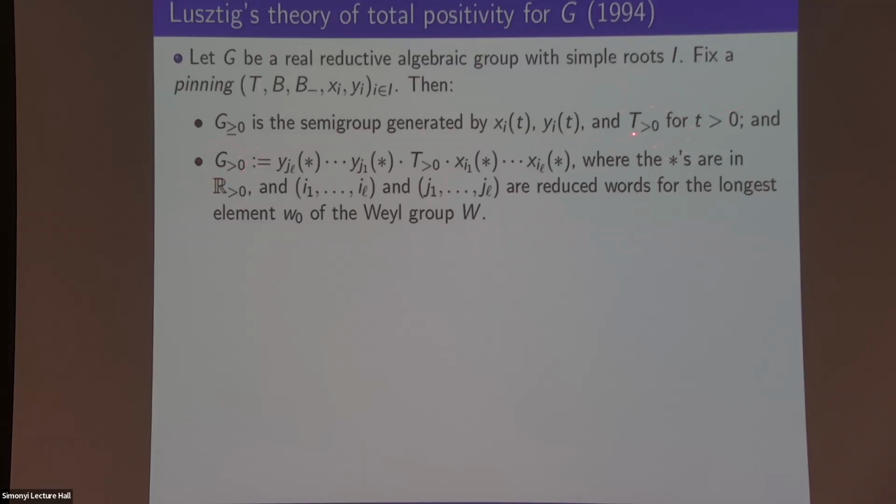By the way, I also didn't define the positive part of the torus, but there's a natural way to do that. The positive part is defined by doing Loewner's theorem, except now we choose a reduced word for the longest element.